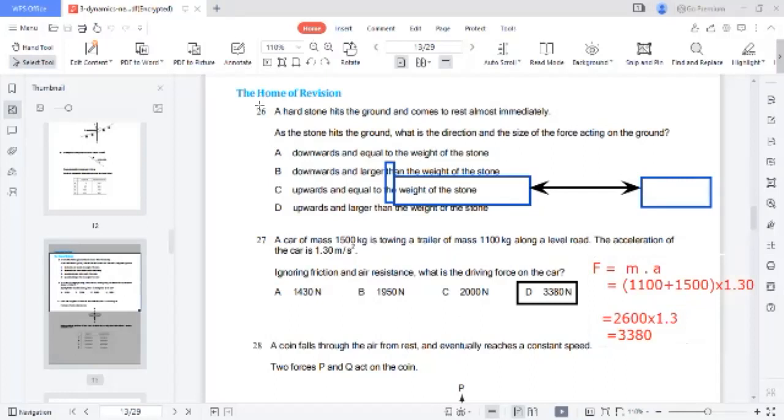That's why we added their masses and it became 2600, and 2600 is then multiplied with 1.30 and it became 3380.